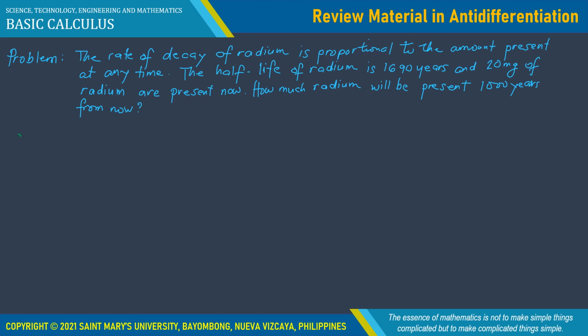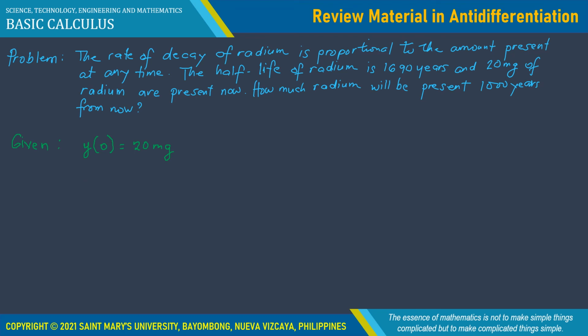So, i-identify natin yung mga possible na given sa problem na to. So, sabi kasi doon, initially, ang amount ng radium is 20 milligrams. So, Y at time 0 is equal to 20 milligrams. Meron pang isang given kasi sabi doon, ang half-life is 1,690 years.